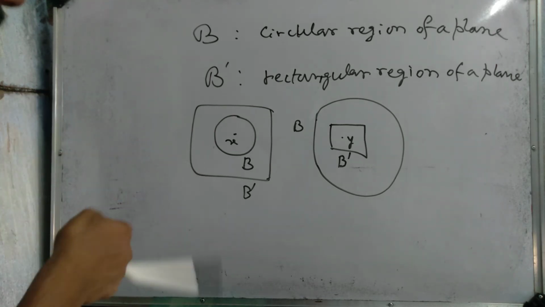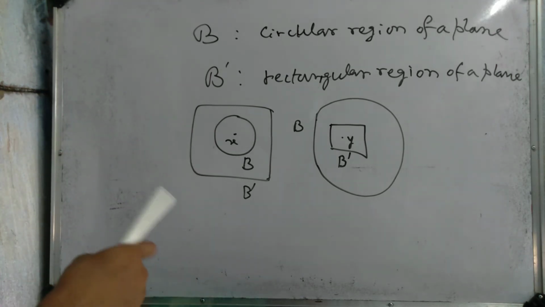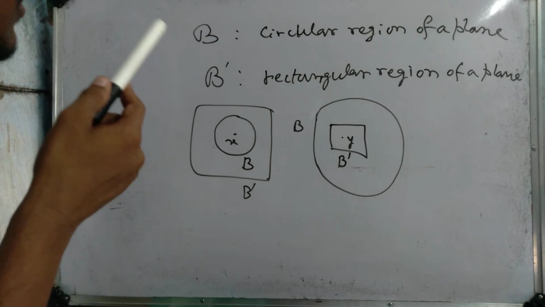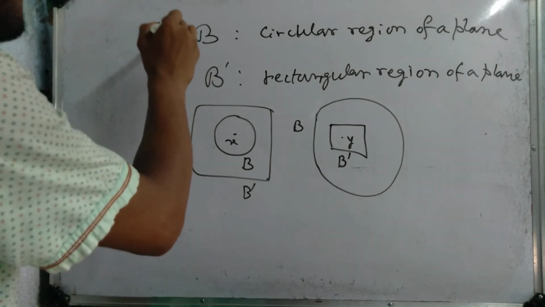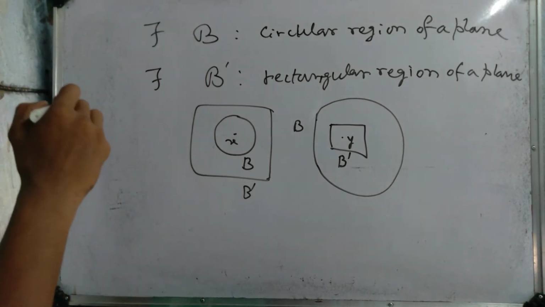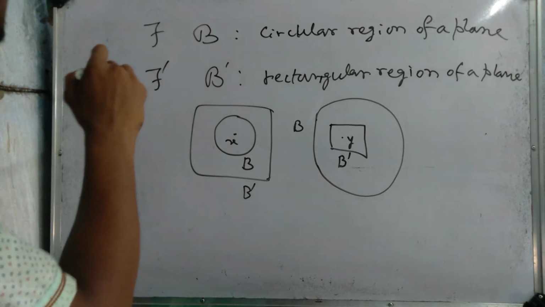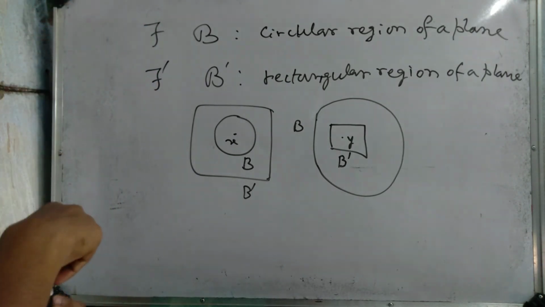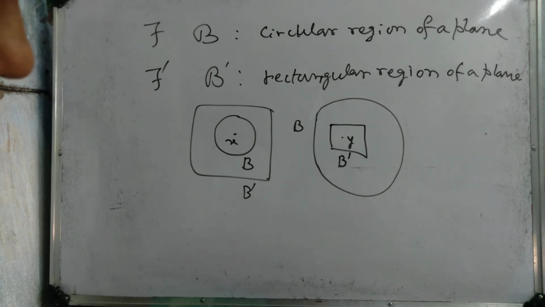That means if this one generates topology tau and this one generates topology tau dash, then both are the same topology.